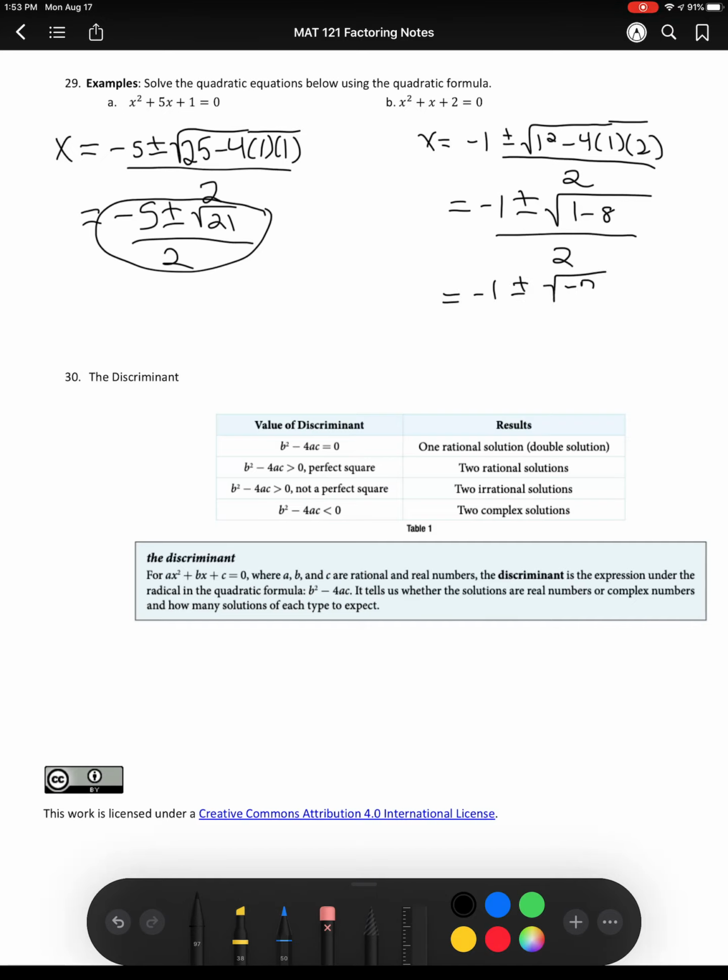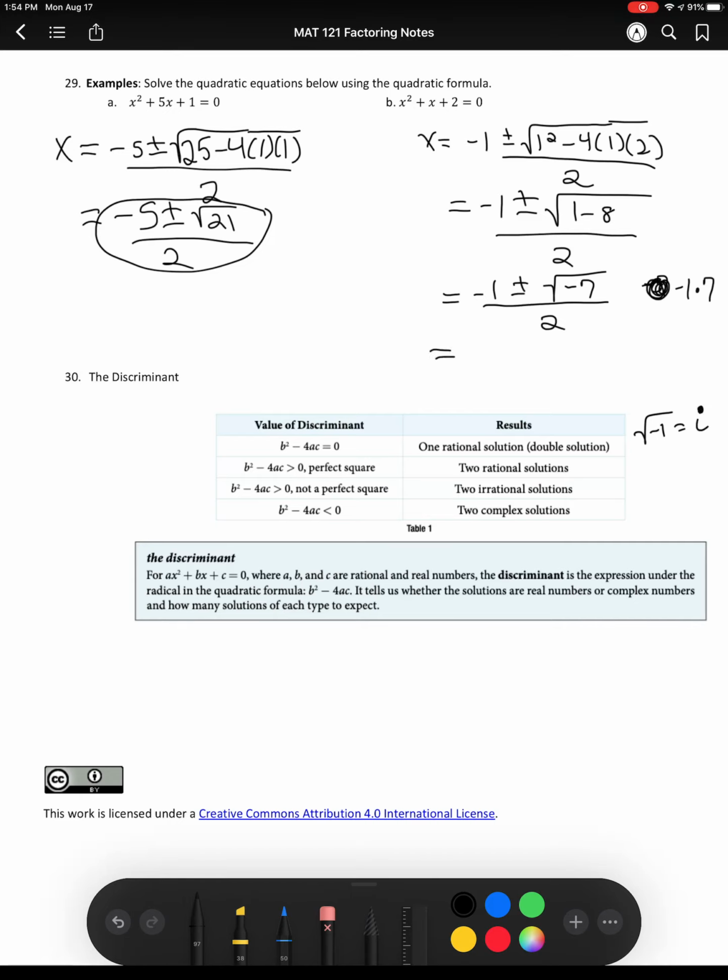I meant to actually do complex numbers with you guys first, but that's okay. That negative 7 can be written as negative 1 times 7. And the square root of negative 1, you get a little preview, is i.